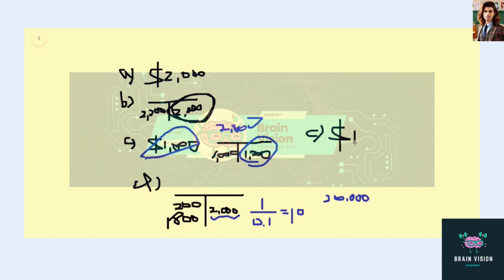But the deposit injected into the economy will be multiplied by 10, which is the money multiplier. So this number multiplied by 10 is 10,000. The total quantity of money is the sum of these two, which is $11,000.